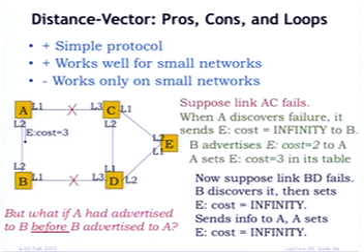And now it sees an advertisement from A with a better cost. So now it says, wow, this is cool. I now have a path of cost 3 via A to E, which is better than my cost of infinity. And so I'm going to assume that I have an entry to E at a cost of 4. So you can see that this is actually not a valid route at all.